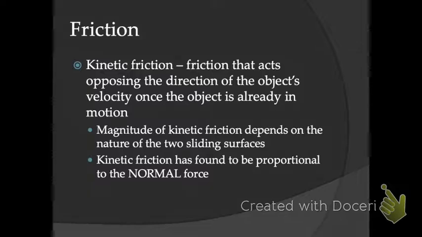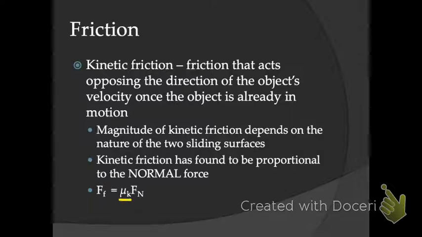Kinetic friction has been found to be proportional to the normal force, which means the normal force also dictates how much friction is present. I'm going to demonstrate that here in a little bit. But here is the equation for friction, and this will need to go on your equation sheet.